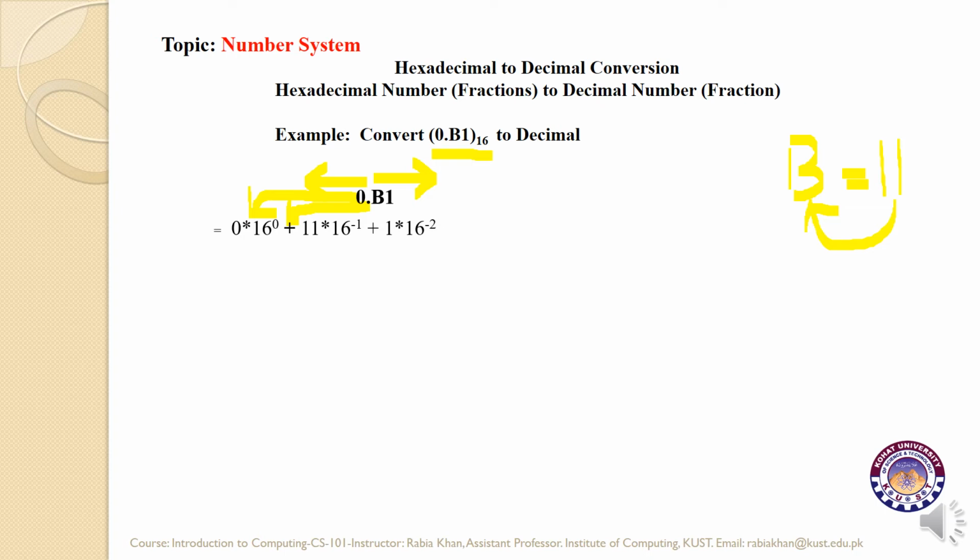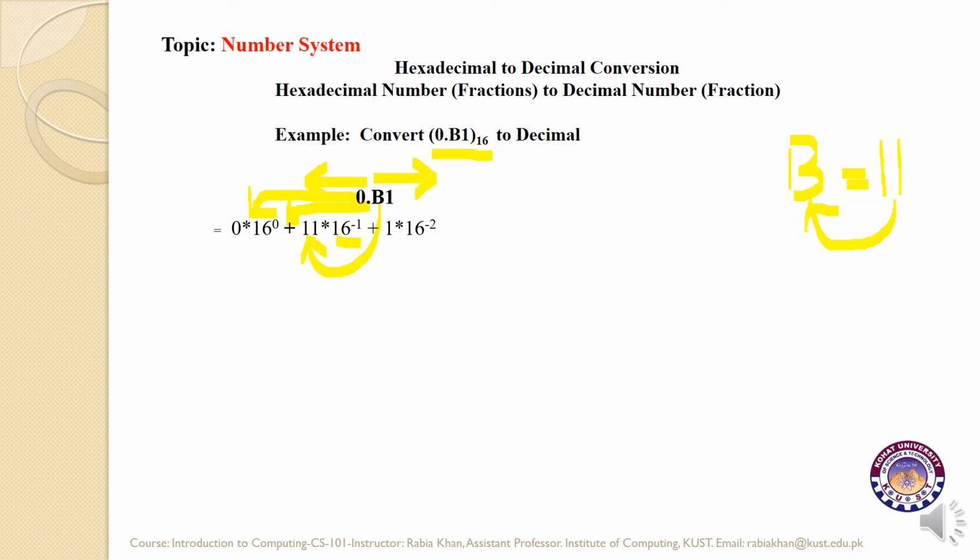Now this B1 is the fractional part. For the fractional part, the multiplication starts from left to right. So the first digit to be multiplied by 16 is B, but B is actually the number 11. So B is multiplied by 16, and the power of 16 starts from -1.